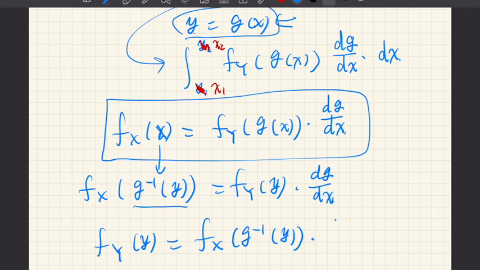Let's see, dg/dx, but this one is the same as dg inverse differentiated by y. Why?